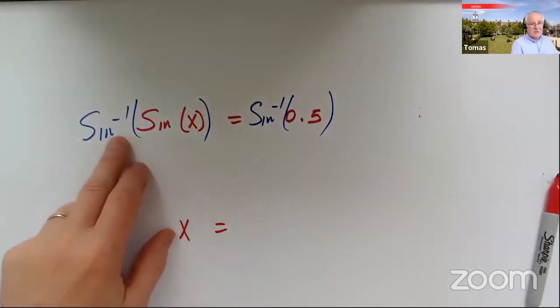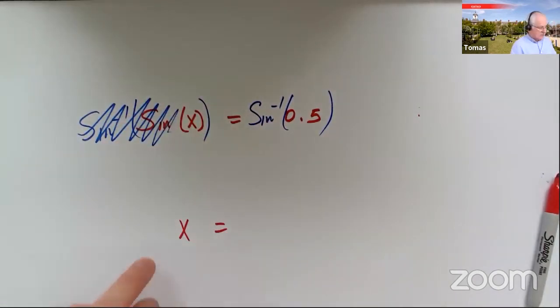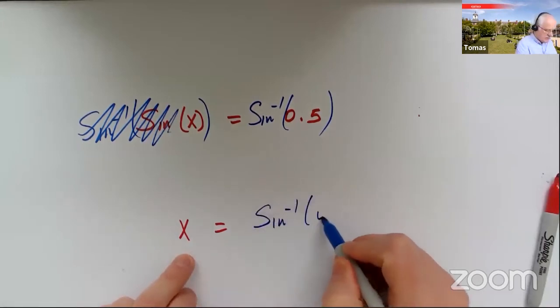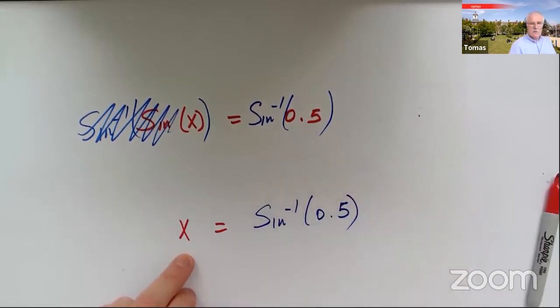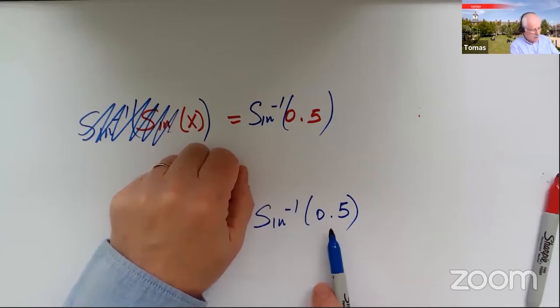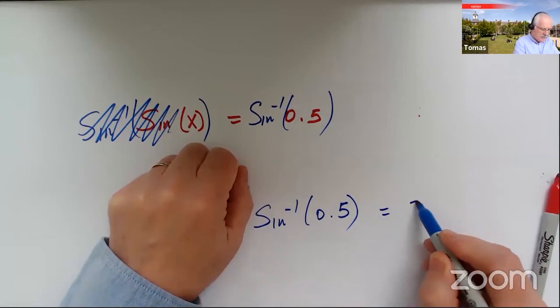Now, that looks messy, but remember, it's only put in to get rid of it. So x is now sine inverse 0.5. That still looks messy, but there's no x's or y's there, just a calculator. So we put in 0.5, hit the inverse, and we get 30 degrees.